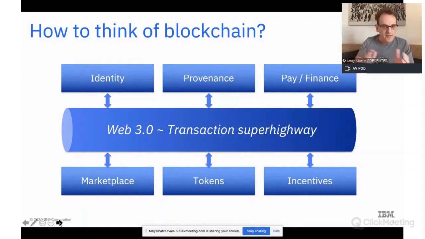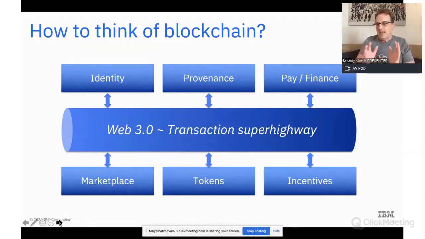Put these three things together, and we have the basis now for a marketplace where I can trade secure in the knowledge of who I'm dealing with, secure in the knowledge of what I'm buying, and able to transfer value and ownership at the same time.